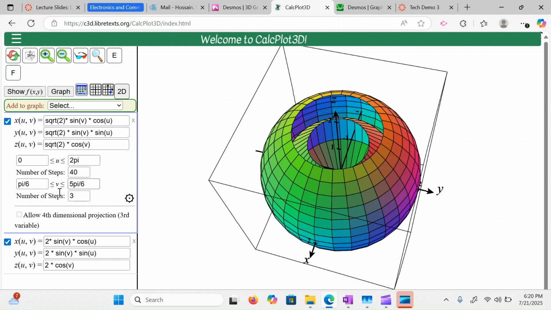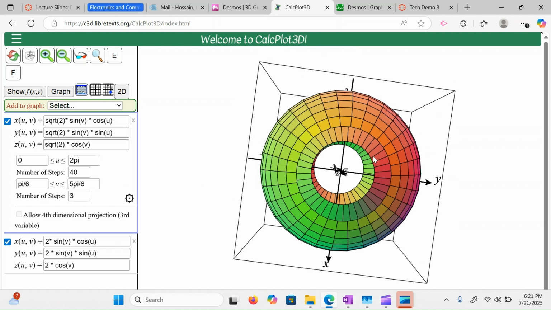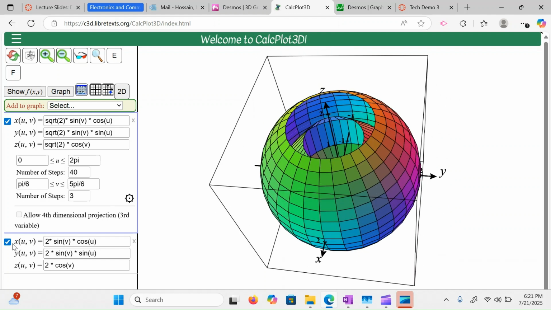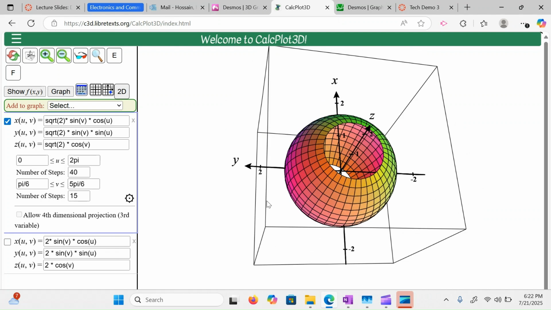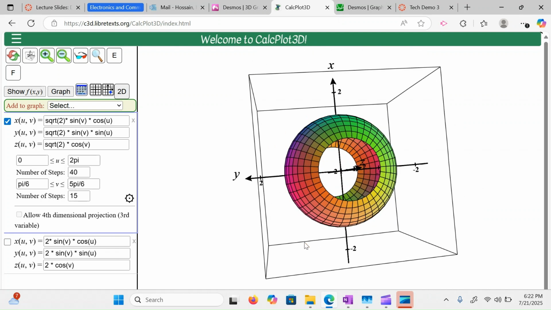But since there's no rho constant, we will go ahead and put in square root of 2, and then the other one is 2. And then we have our theta as u, so 0 to 2 pi, and our phi is pi over 6 to 5 pi over 6. And we will get this inner sphere. I will get rid of this right now. So here is my inner sphere with a hollowed out cylinder.